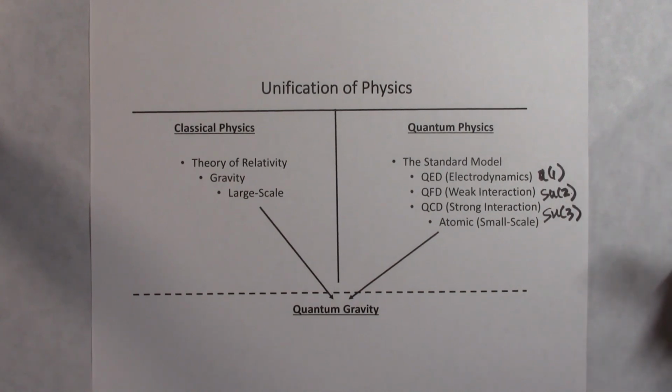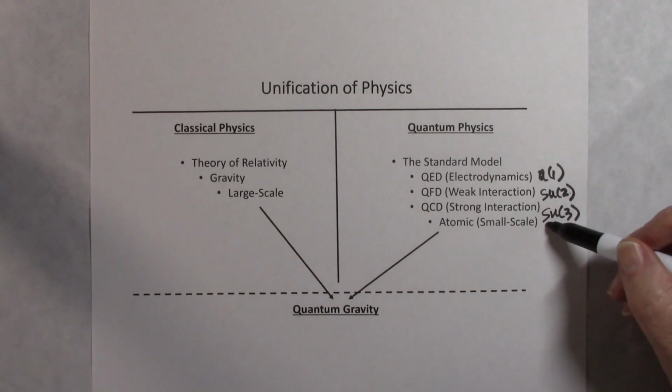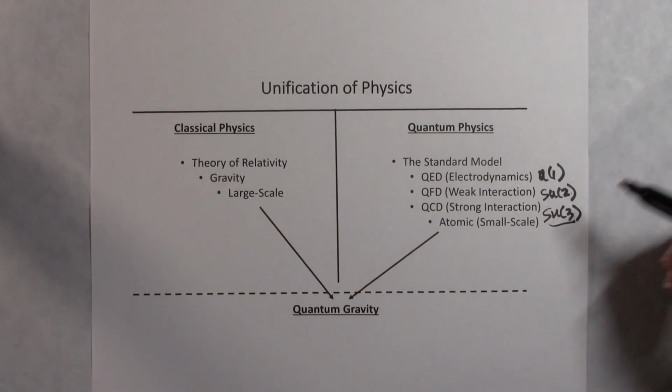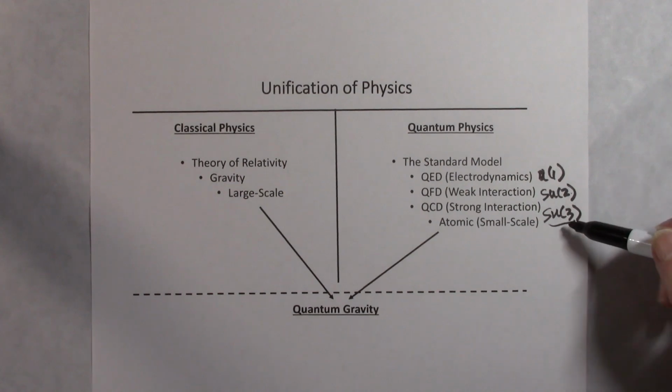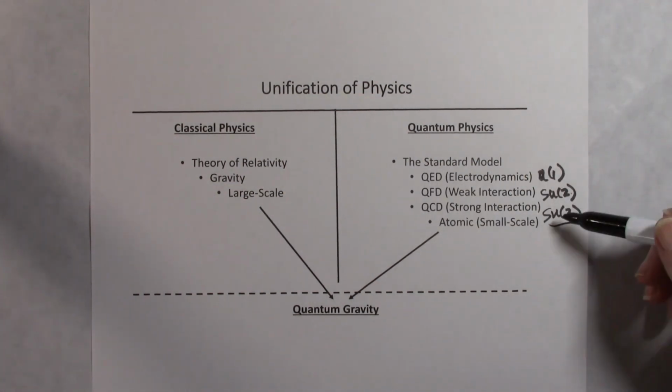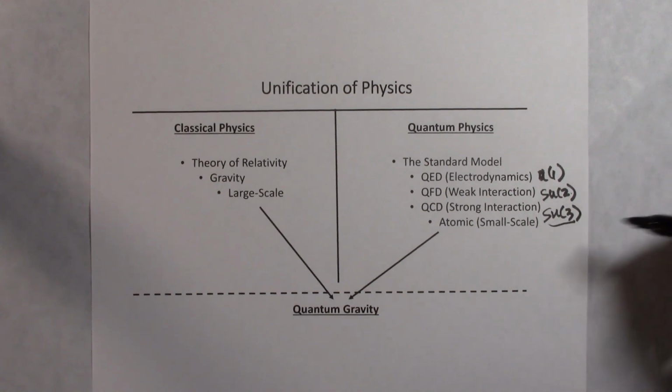W bosons don't turn into Z bosons and vice versa. That doesn't happen, and photons don't create other photons. It only happens in the gluon case. And those are great challenges for physicists to try to figure out how you unite these three theories into one theory and then explain why these mediating particles are so different.